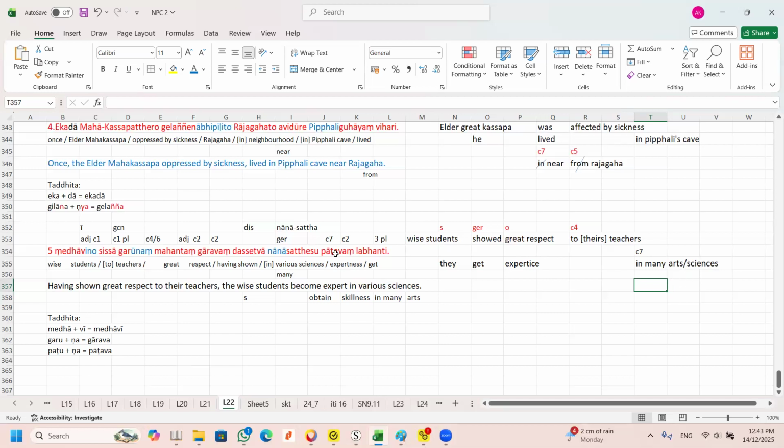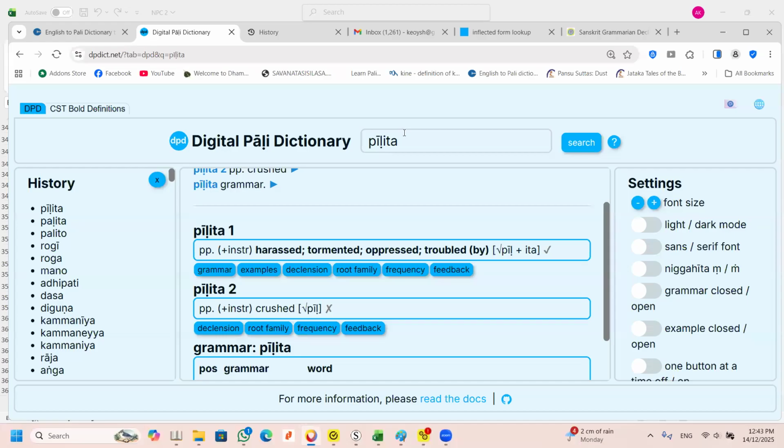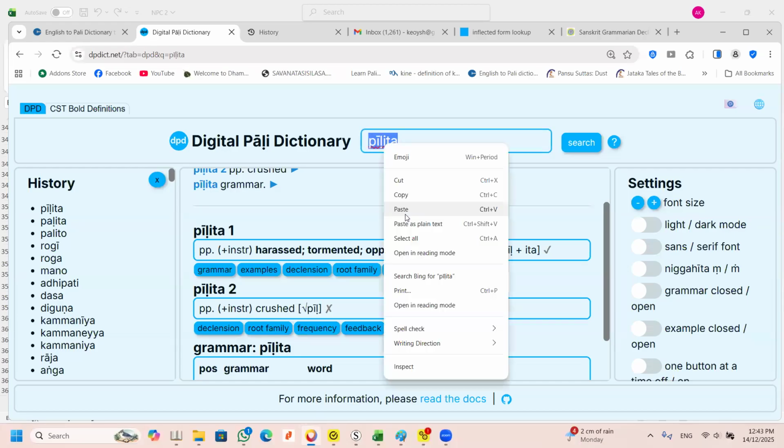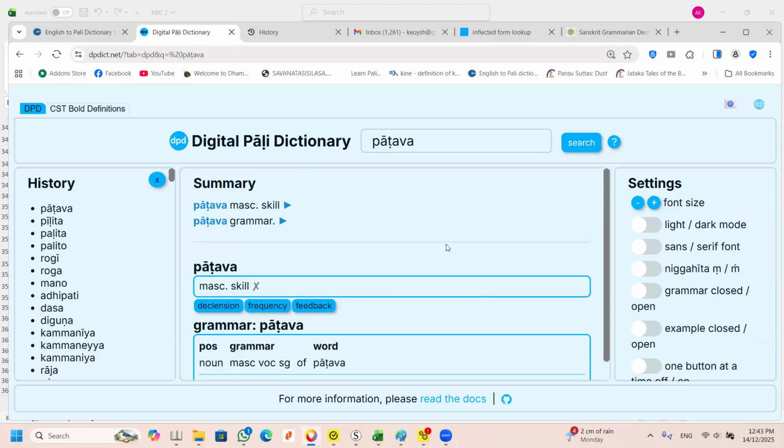So now we go back to this Patavam. Patavam is a better copy, in case I no need to type Patavam. Patawa. Can you see the word patawa is skill?